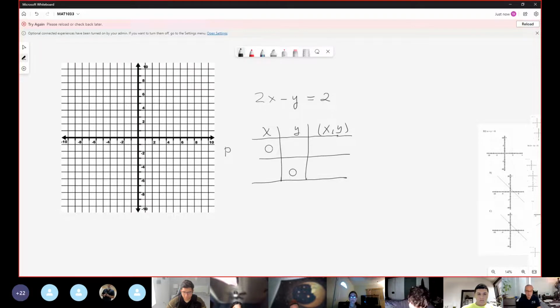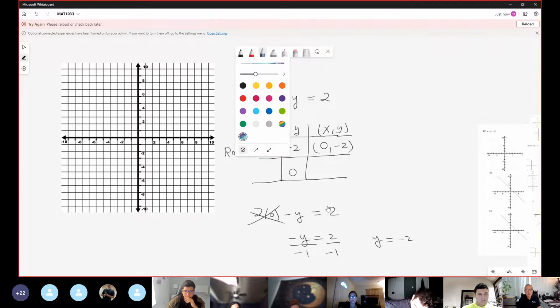Row 1 is 2 times 0 minus y equal to 2. 2 times 0 is 0, so minus y equal to 2, but I need no negative y. I need positive y, so divide by -1 on both sides, or multiply by -1. It doesn't matter. Y is -2. And we have the famous point 0, -2. And by the way, this is the y-intercept itself.